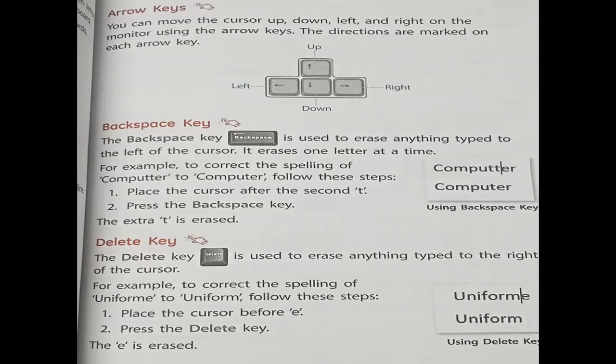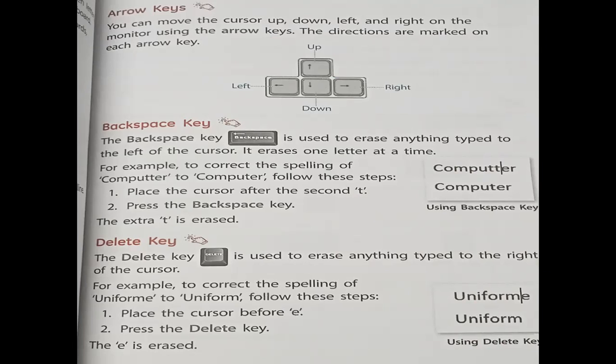For example, to correct the spelling of computer. So here the spelling is COMPUTTER, computer. So spelling को correct करने के लिए हमको इसको computer लिखना है. तो what will we do?